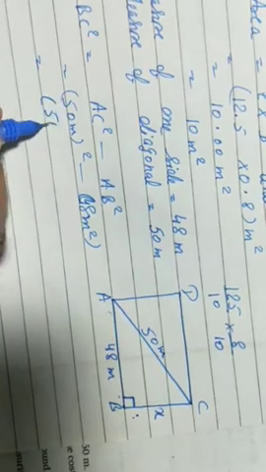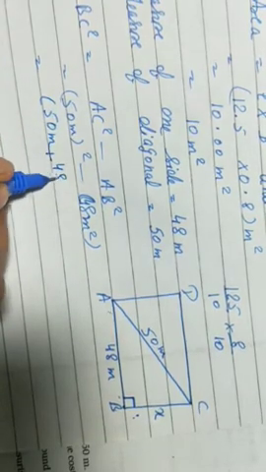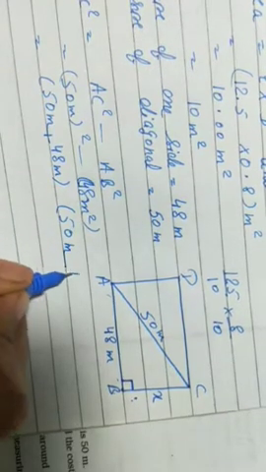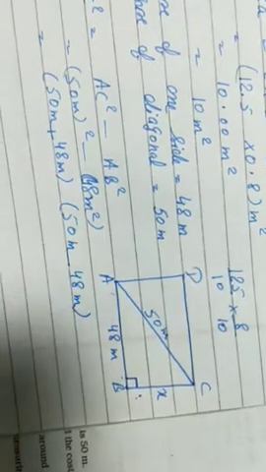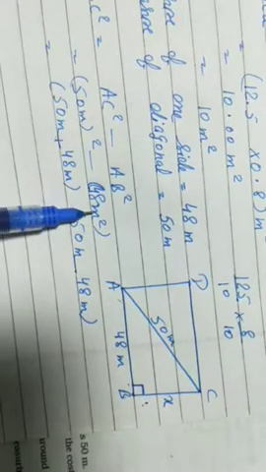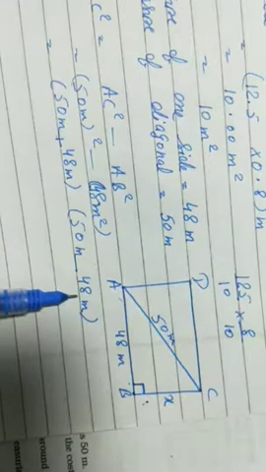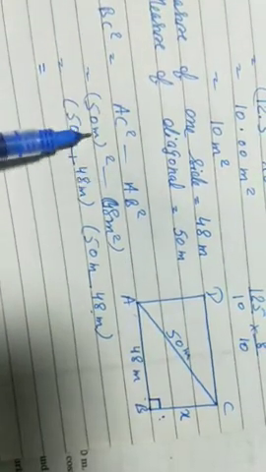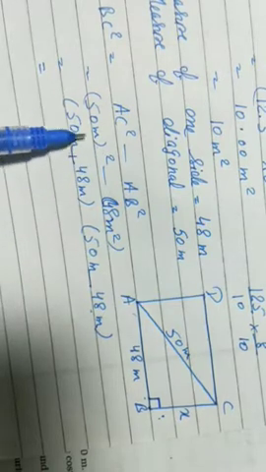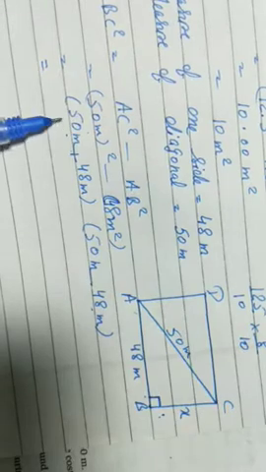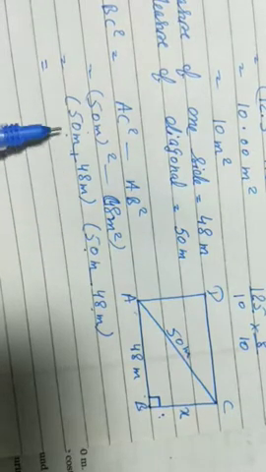Yes, A plus B into A minus B. Are you aware of this identity? A square minus B square is equal to A plus B into A minus B. We will use this identity, or you can solve it directly by multiplication. 50 into 50, you will find first 50 square, then 48 square, then subtract, or either you can use this identity also.